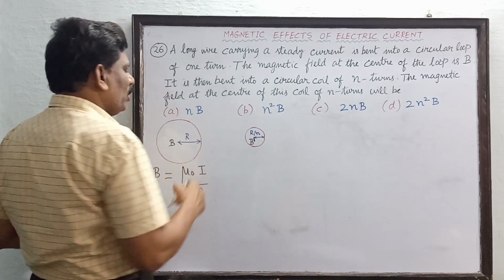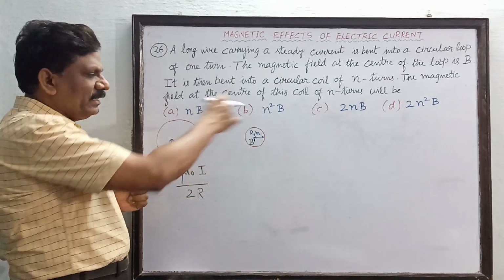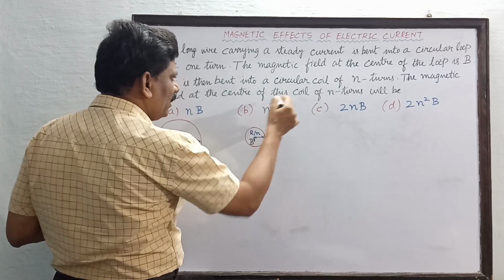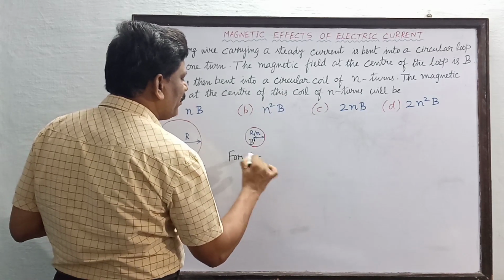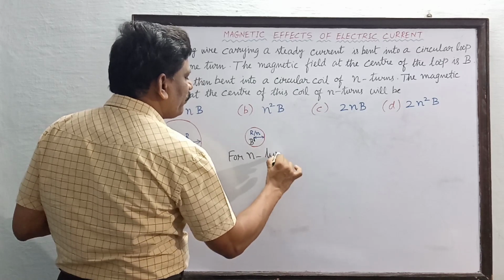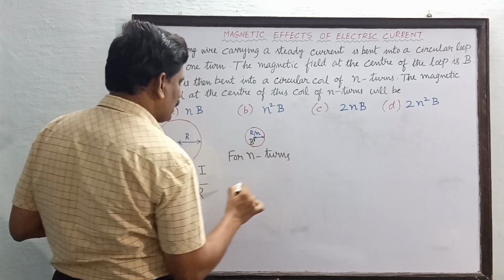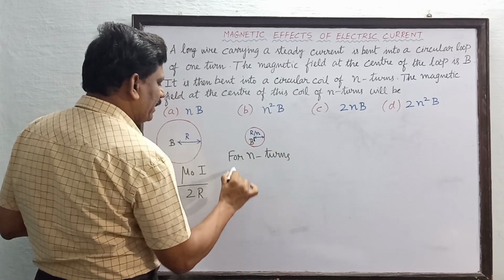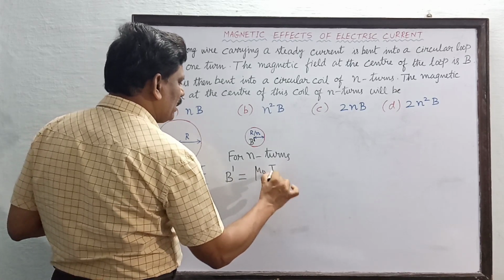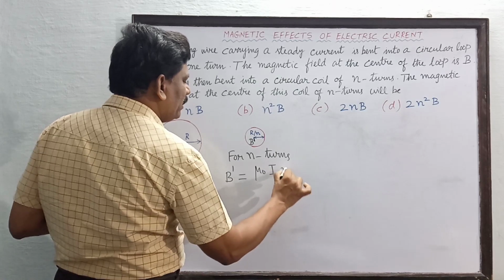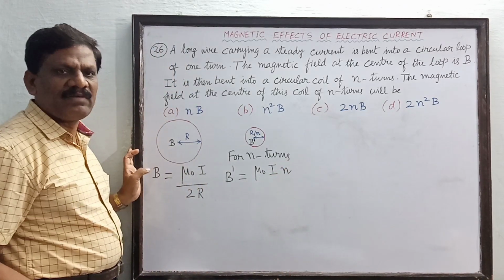Now the same loop once again is bent in the form of n number of loops. So n turns are there. This is a circular coil. So for that the magnetic field is B dash. So this is equal to mu naught into I into n, because there are n number of loops, is it not?